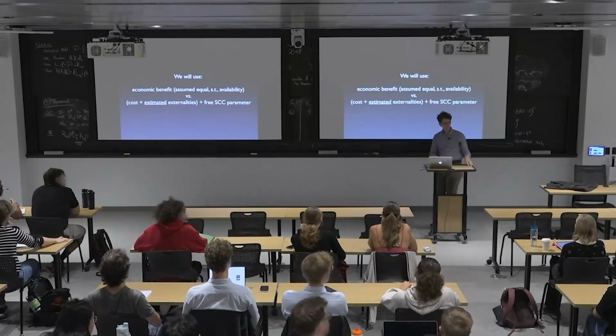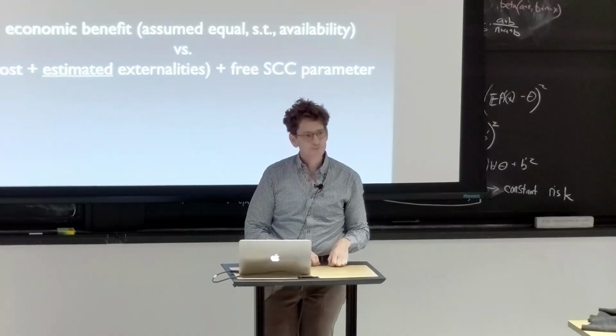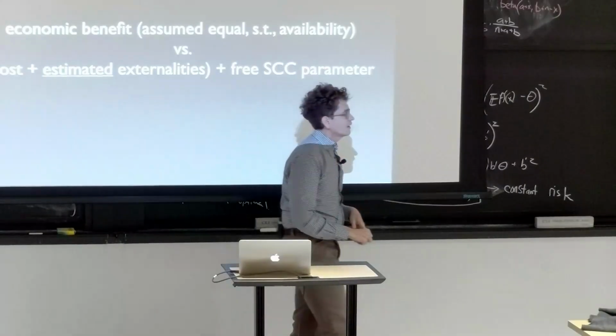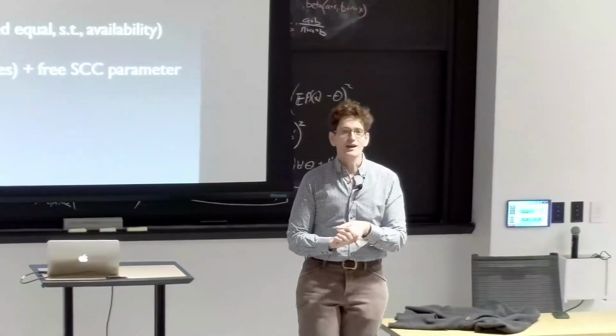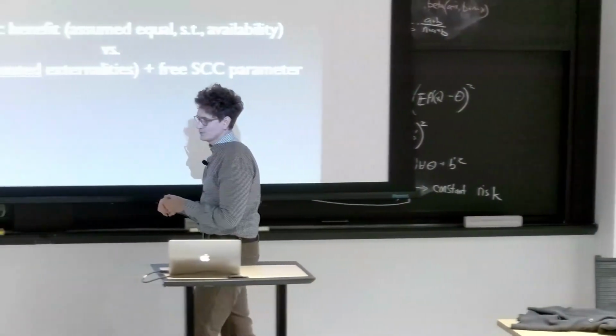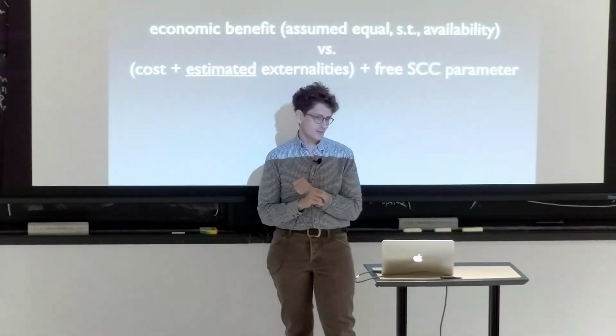Right? So do people have any issue with this approach? Yeah. Don't we run into the same host of problems with estimating externalities? So yes, there will be lots of problems with externality estimation. And what I'm going to do is show you two ways of trying to bound it.